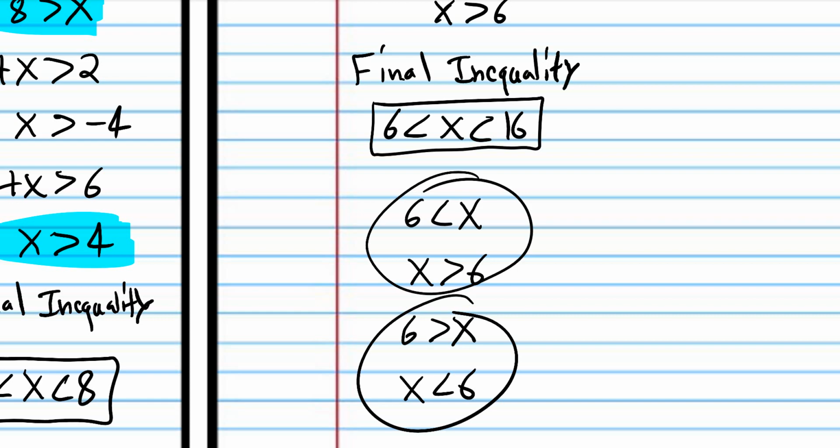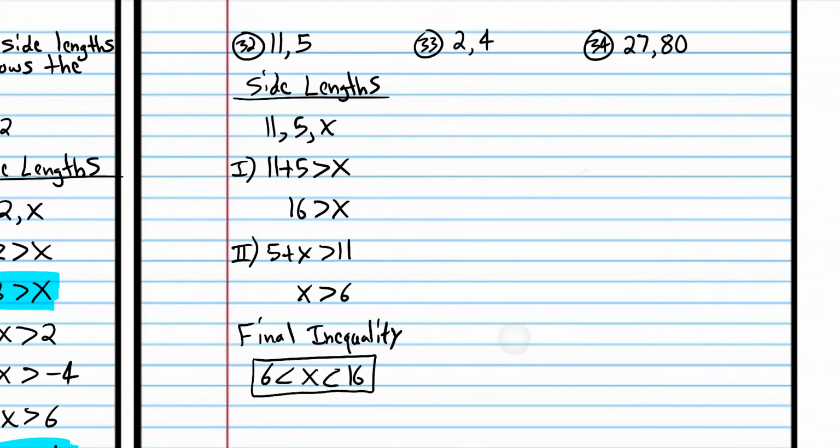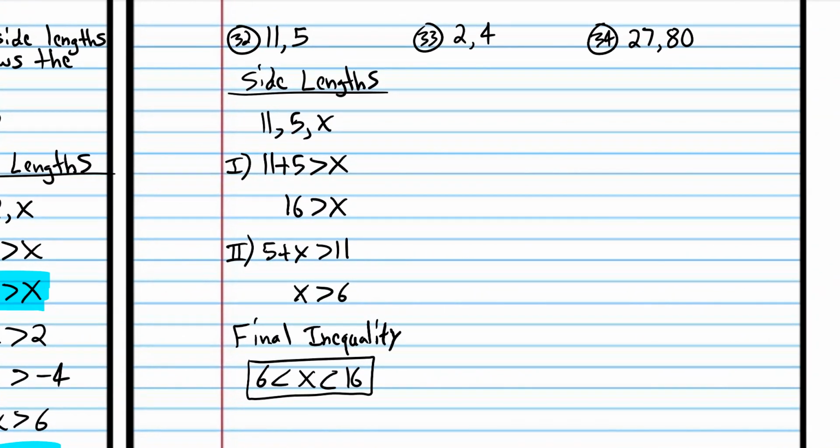But remember, you generally always read left to right. 6 is less than x and x is greater than 6, those two mean the same thing. 6 is greater than x and x is less than 6, those two mean the same thing. I know it's very confusing, but you just need some practice with this. This should be review from previous courses, hopefully.